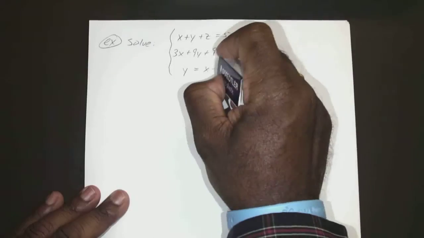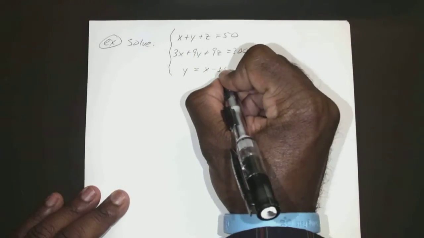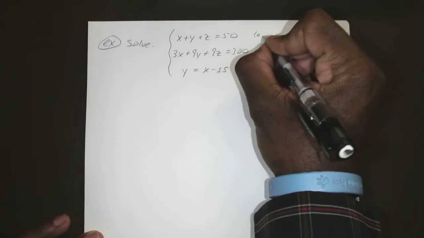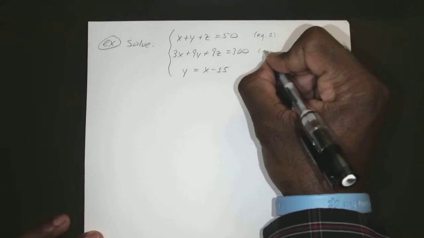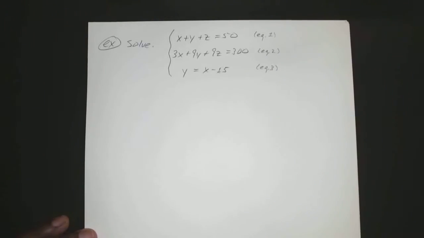Okay, straighten that up a little bit. This is our equation 1, this is our equation 2, and this is our equation number 3.